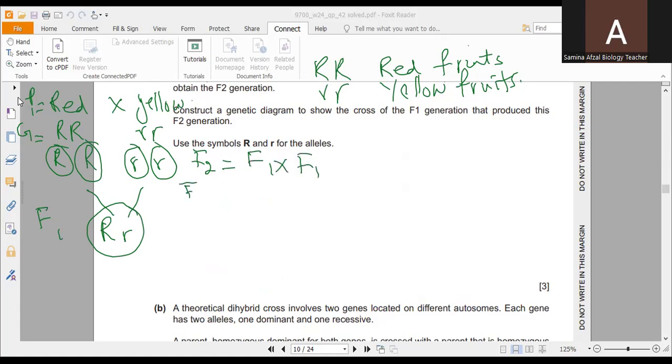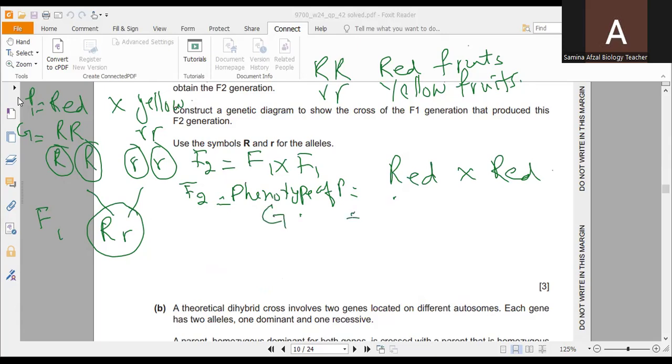In F2, the phenotype of parents is red into red from F1, and the genotype is capital R and small r.